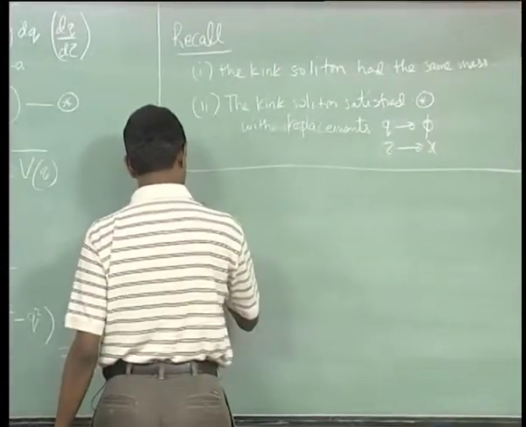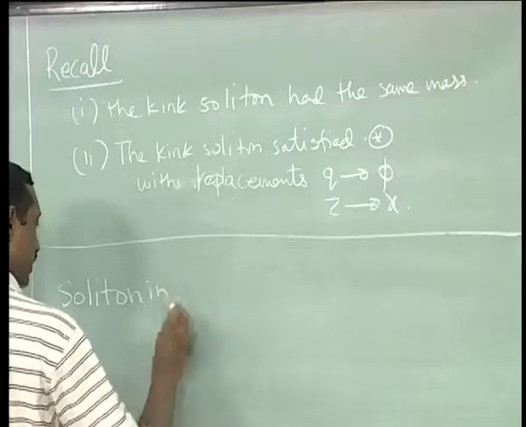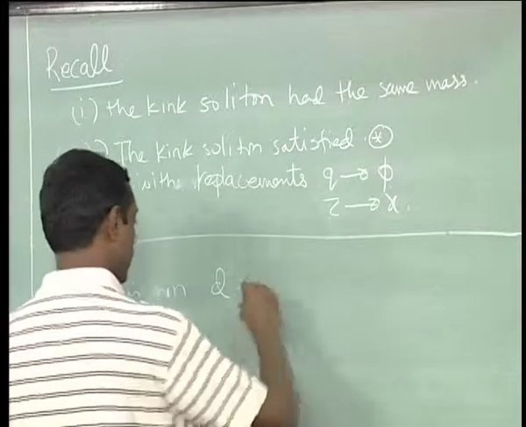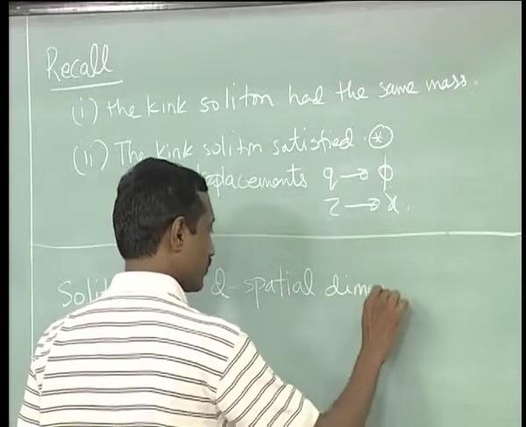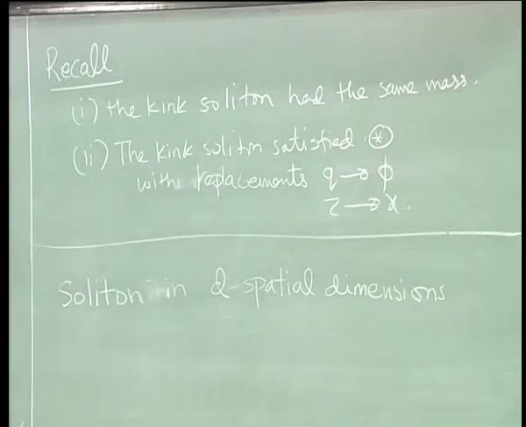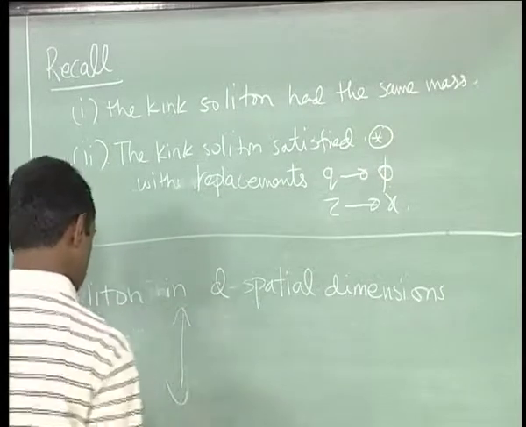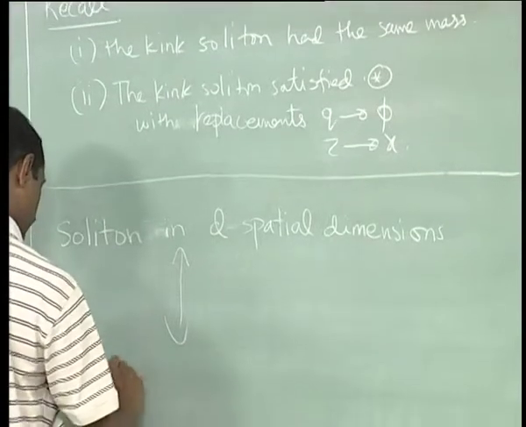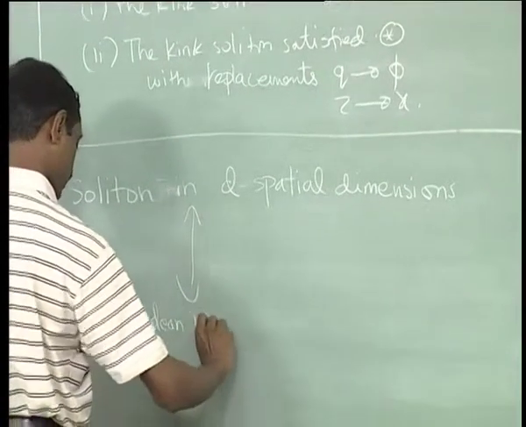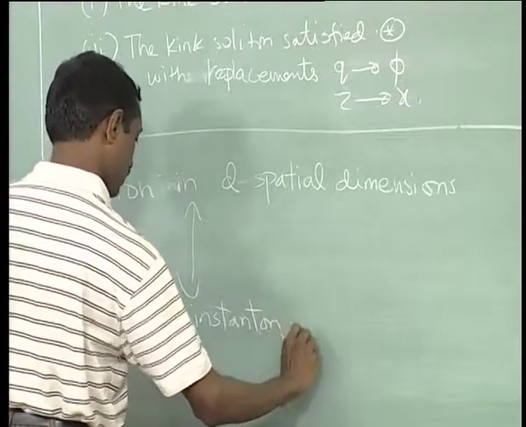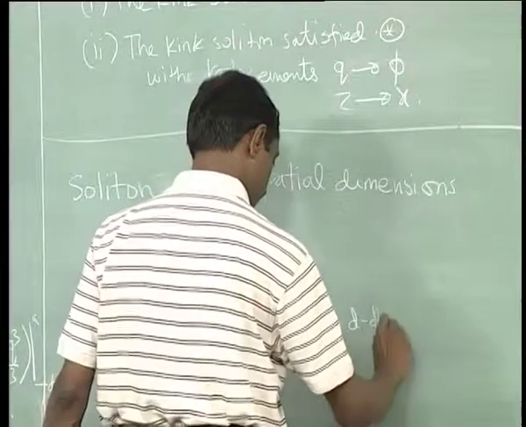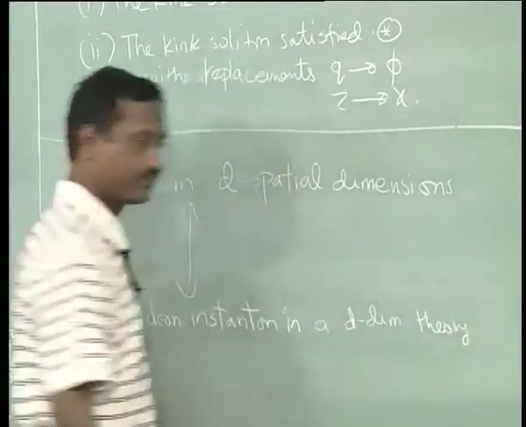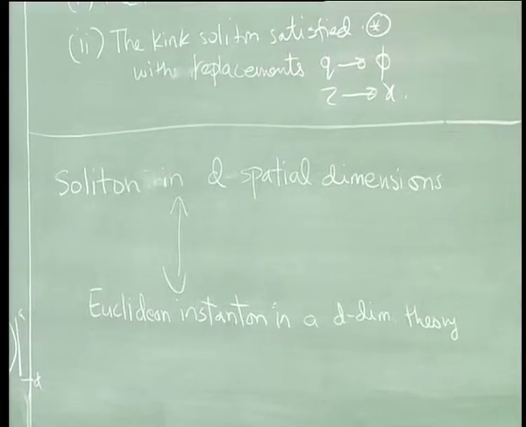So, a soliton in d dimensions, d spatial dimensions, which we would have said is time independent in d plus 1, appears to have some relationship with a Euclidean instanton in some other theory, in a d dimensional theory. Okay, this is the kind of thing.